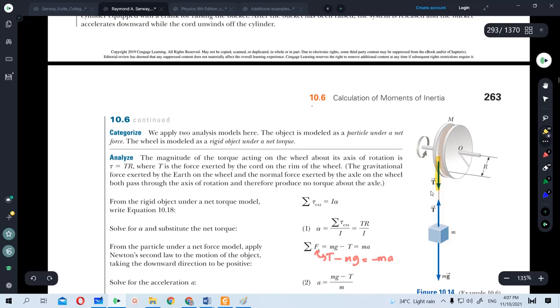So we see this tension of the string is the one which applies torque to the wheel here.